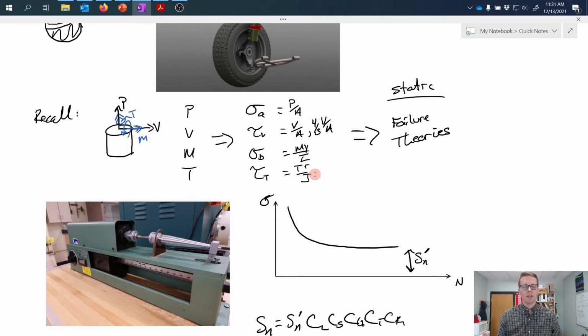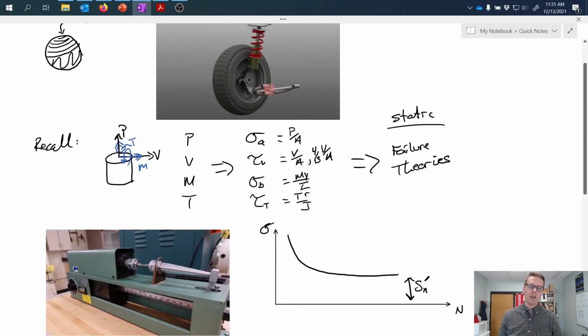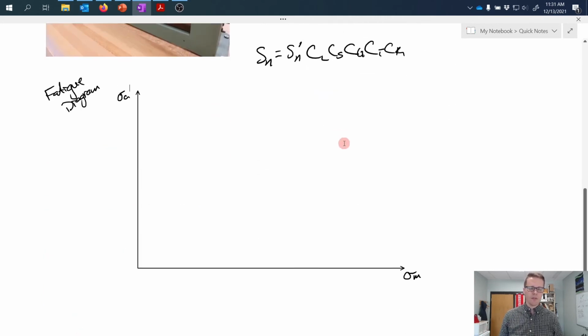Also, some of those stresses will be varying, commonly the bending stress, sometimes the axial stress, in that for every cycle of rotation that we see, for example, from our wheel, the stress also varies. So that would factor into an alternating stress. So then on our fatigue diagram, we collect those terms and we say that there's some mean stress or constant stresses and there's some alternating stresses.